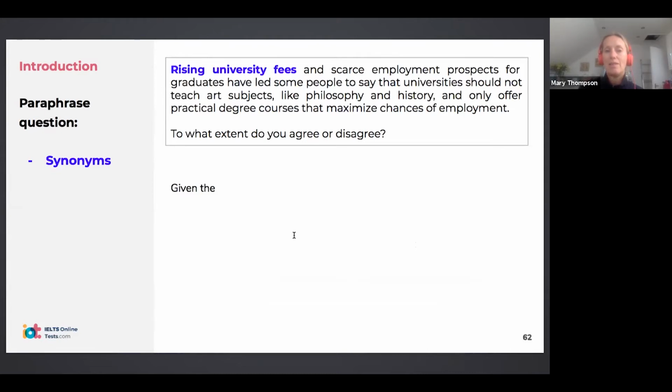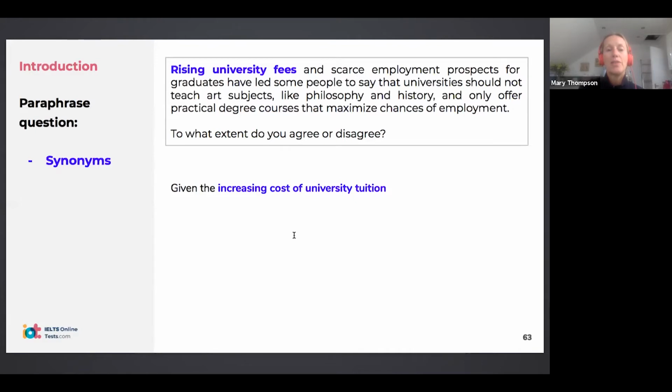So given the, what could you say here? Yeah, increase could be. Increase is a good word. So it's very similar to rising. Yeah, increase in course fees, that's a good example. Yeah, so fee hike, Monica, that's nice. It's a little bit informal.